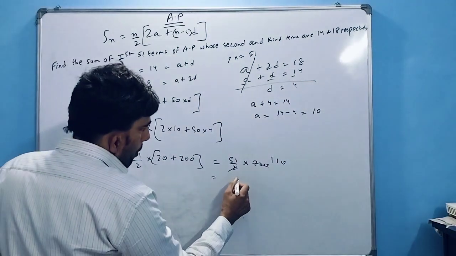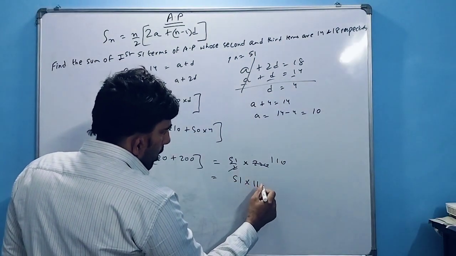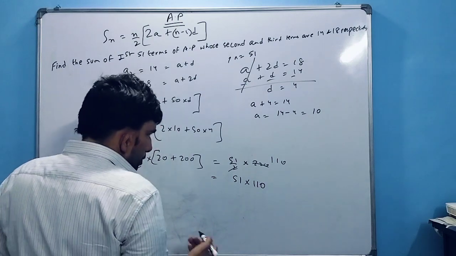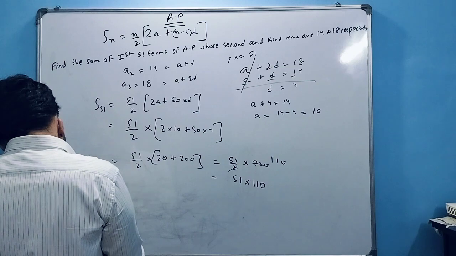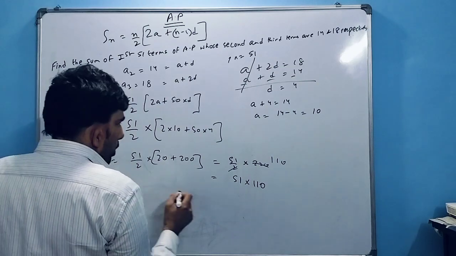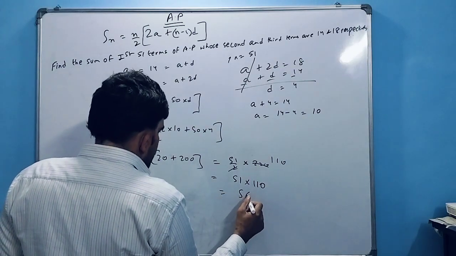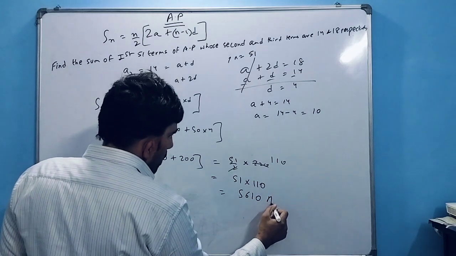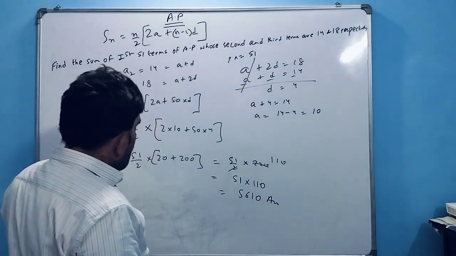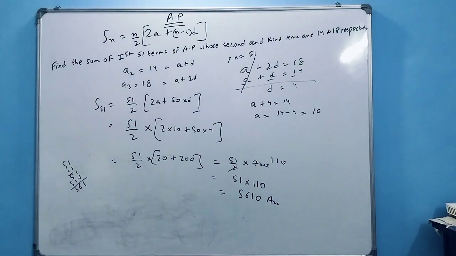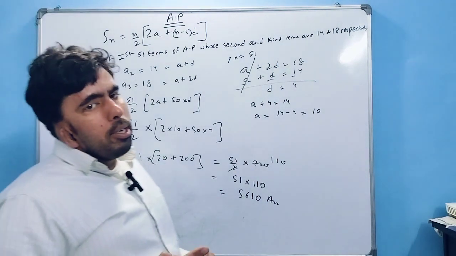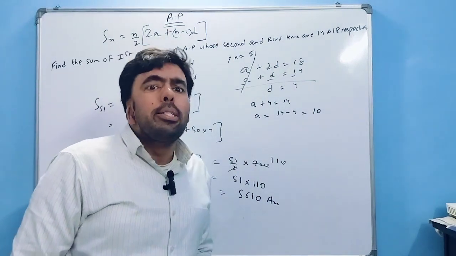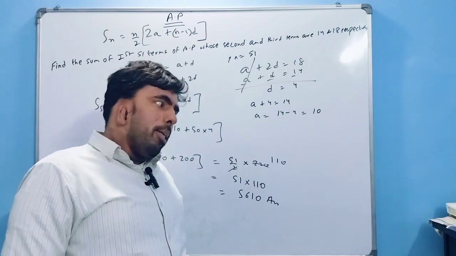Just we need to multiply, so we will get the answer here. So I got 5610 as my answer. So we found the sum of first 51 terms of an AP whose second and third terms are given. So likewise, we can solve such kind of numericals.